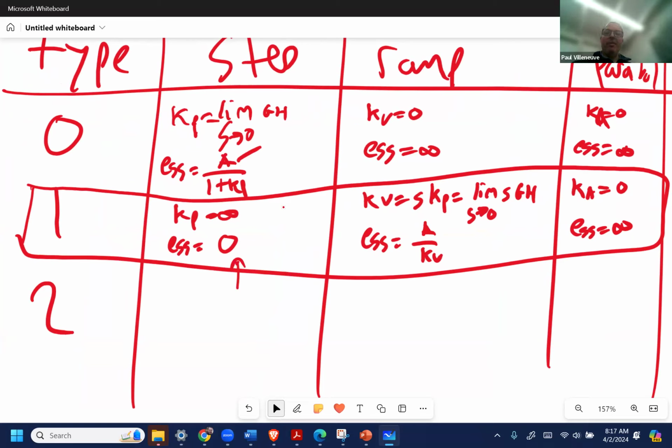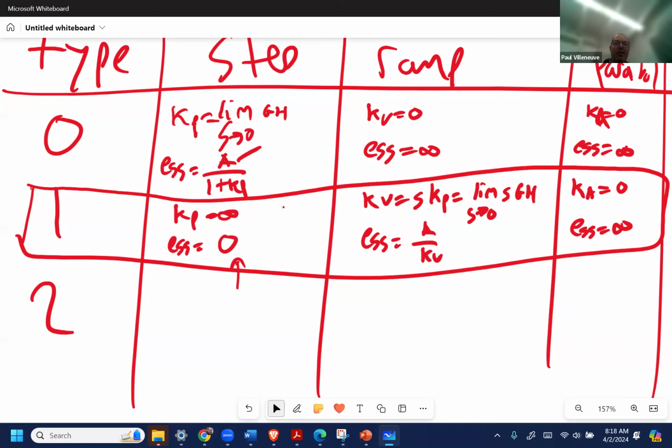For a ramp, we're going to end up with a K sub V equal to S times KP. This is a non-zero number. This is a constant. And then our ESS is going to be equal to A divided by KV. For parabolic, we're going to have ESS equals infinity. So you just need to use the table to do this.